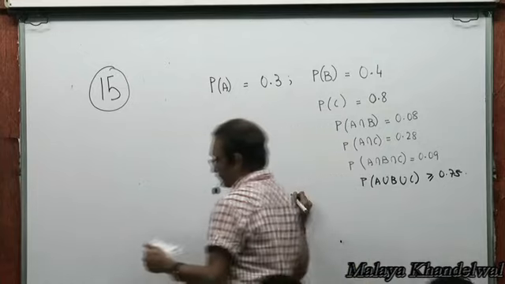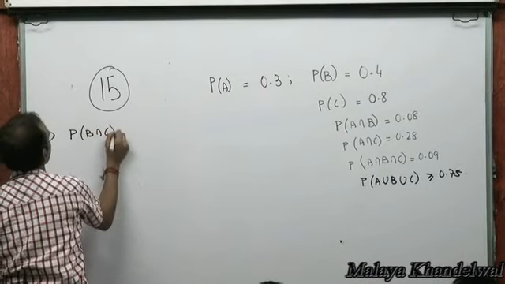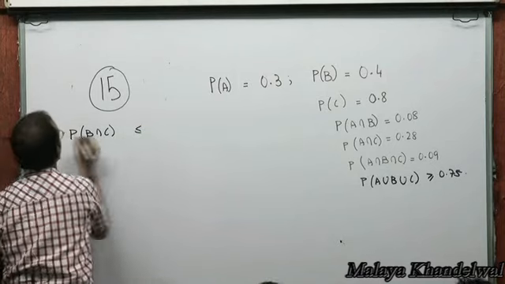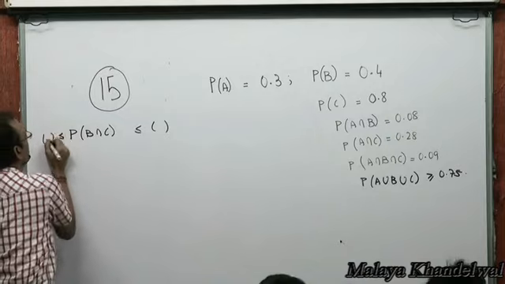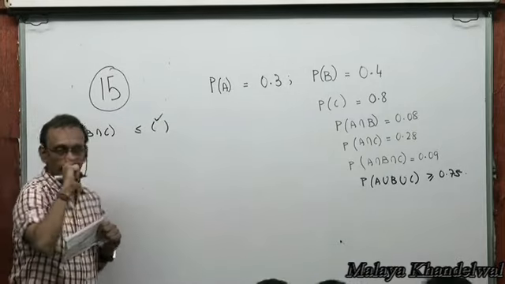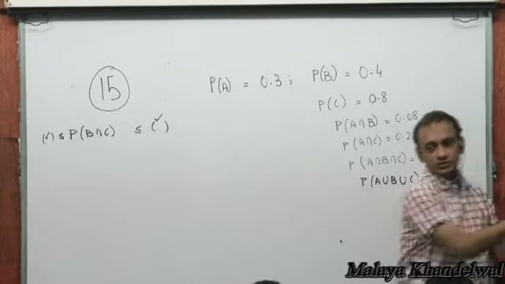We want to find the interval in which probability of B intersection C lies. We want to find this: greater than or equal to something, less than or equal to something. We want to find these two values. Right? Principle of inclusion exclusion. Okay.